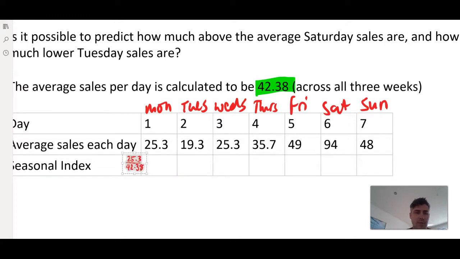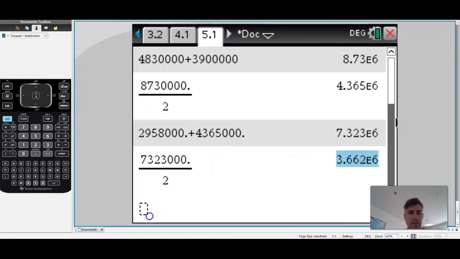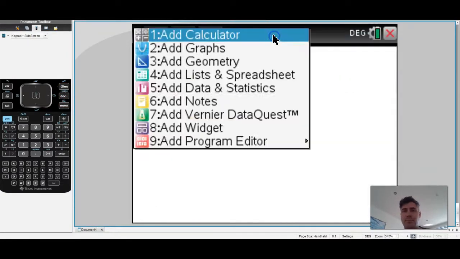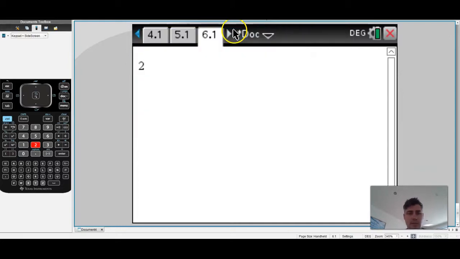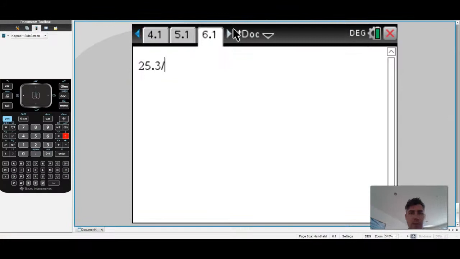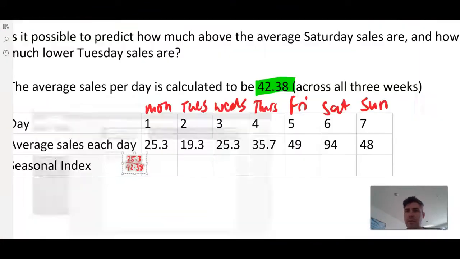So I'm just going to do that now quickly. I'm just going to insert a new problem here. Okay, 25.3 divided by 42.38. Okay, we get 0.597.